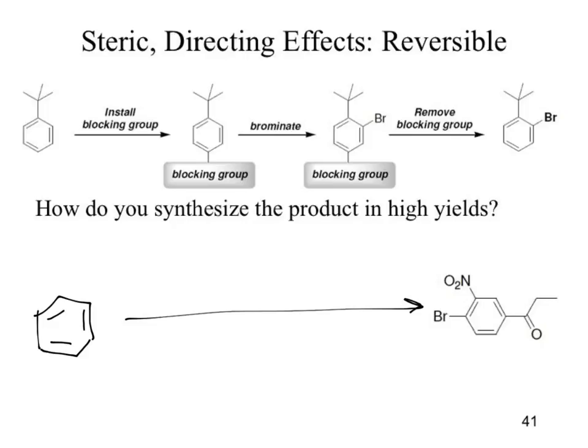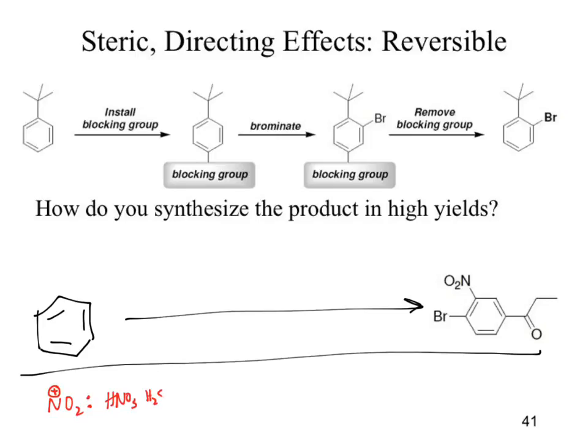As a quick, potentially helpful hint on why I like EAS reactions. How do we put on the nitro? Not NH2. How do you get on the nitronium ion? HNO3 and H2SO4. Try and screw this up.